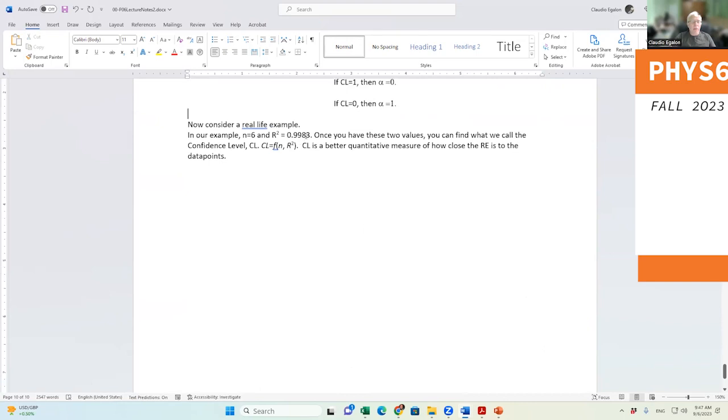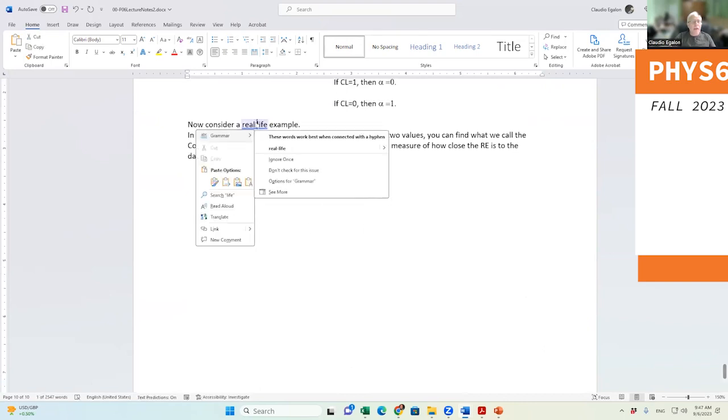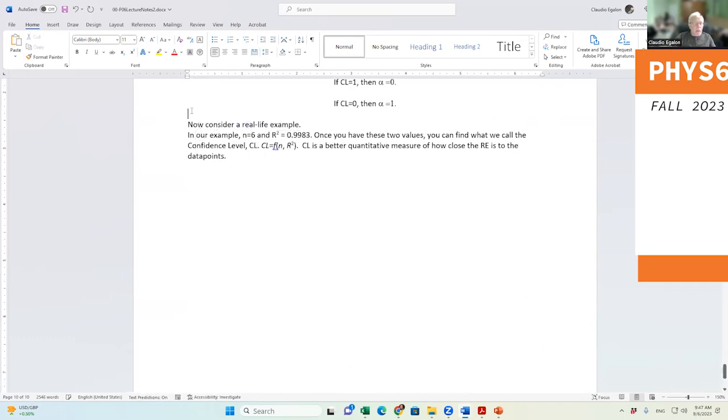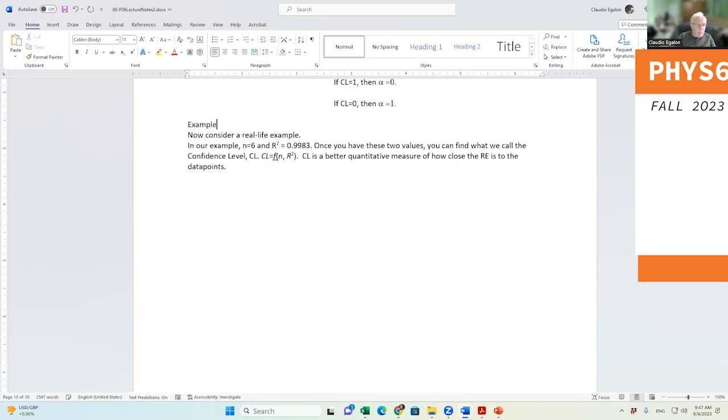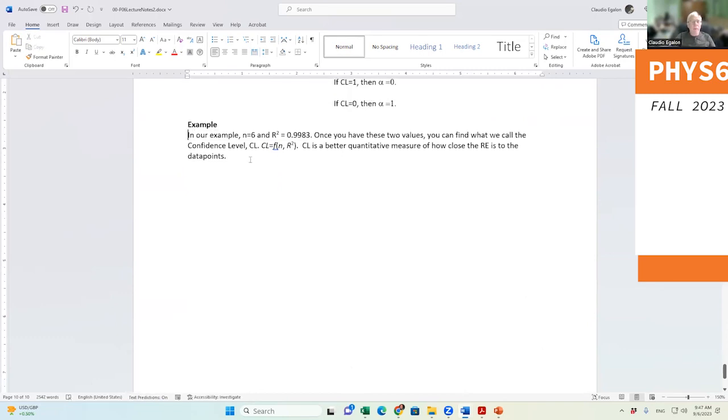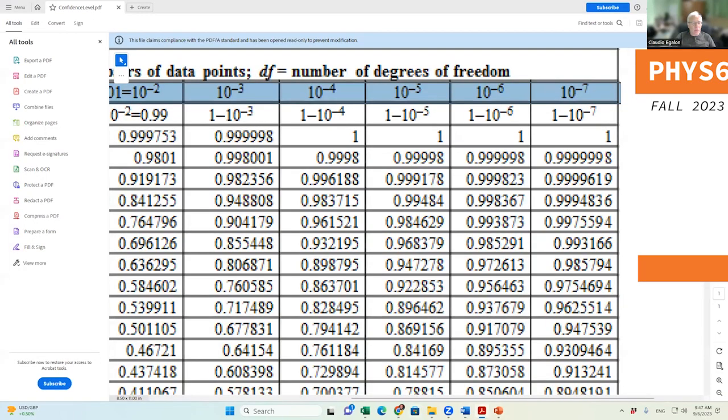Consider this example: n equal to 6, R squared equal to 0.9983. Solution.